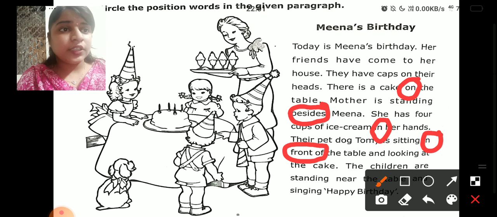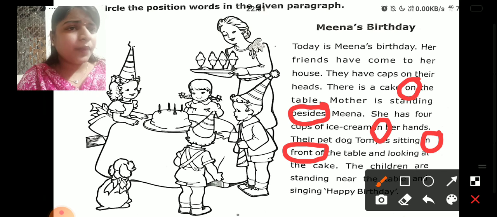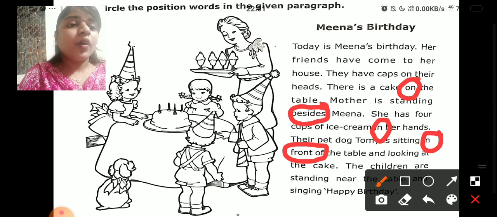Let me read the question again. She has 4 cups of ice cream in her hand. Right? So, in is our position word. Their pet dog Tommy is sitting in front of the table and looking at the cake.